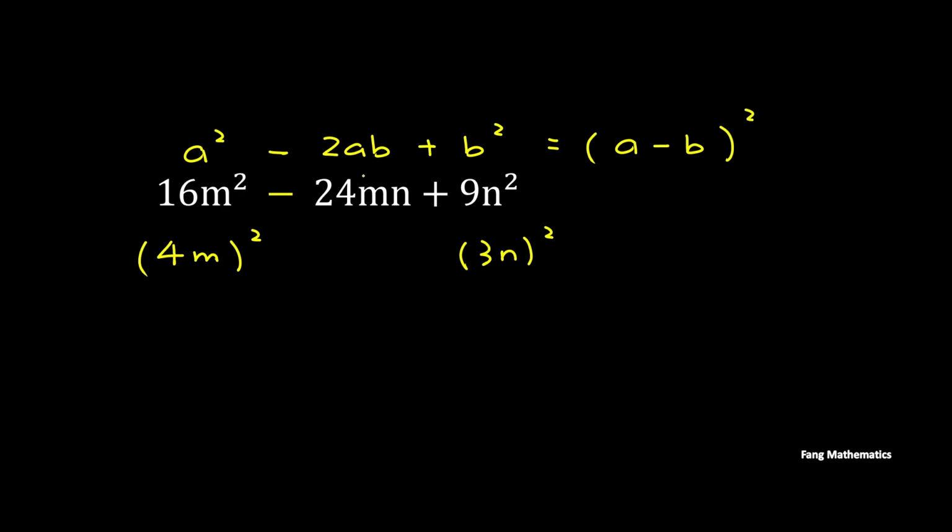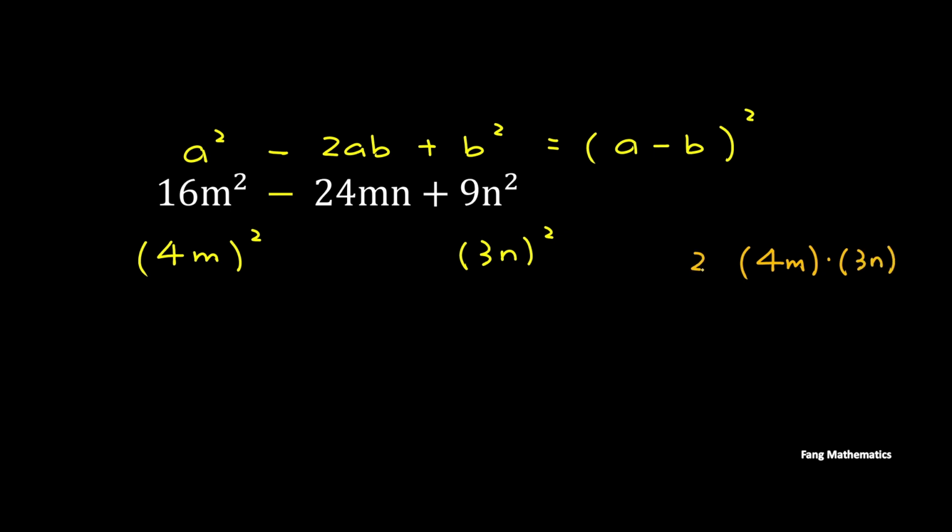We are now to determine whether this 24mn, ignoring the sign first, is 2ab. And we have a as 4m and b as 3n.